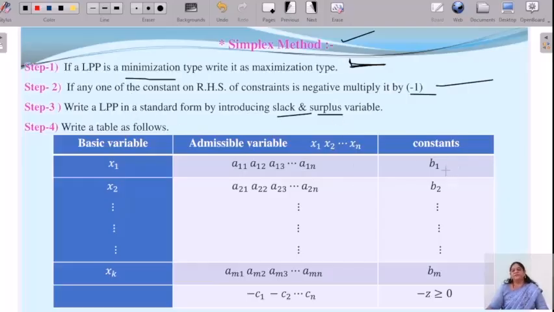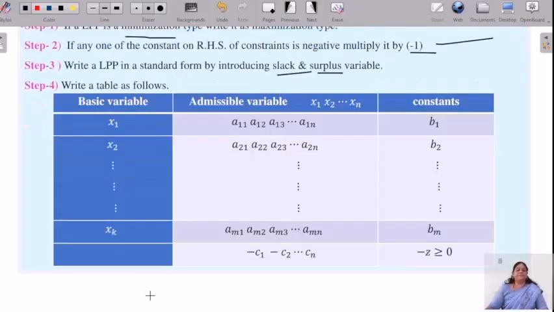This is a right hand side constant. Then this is a -z, coefficient of -z. Means if it is C1 in objective function, write it as minus C1 minus C2 and so on minus Cn. Minus Z are greater than or equal to 0.